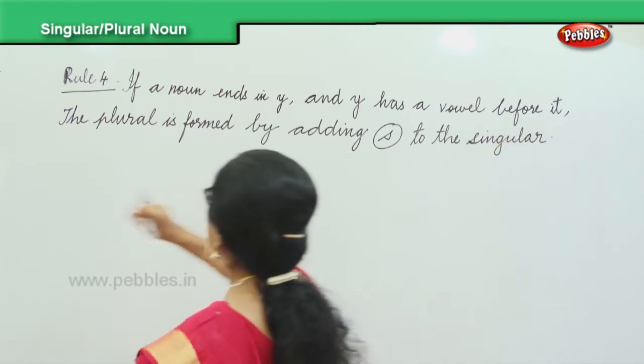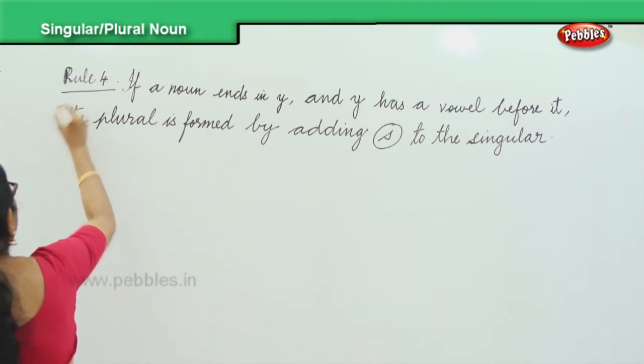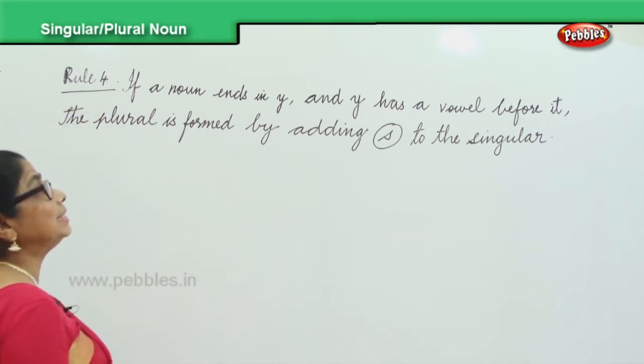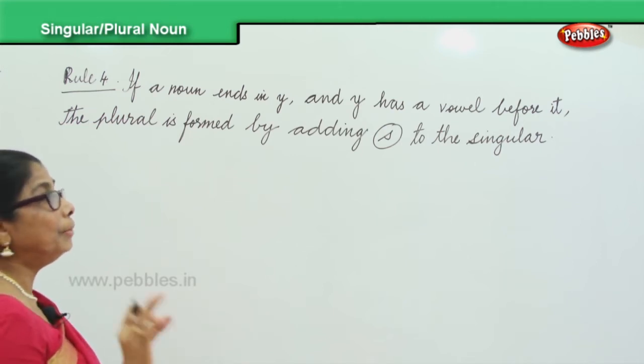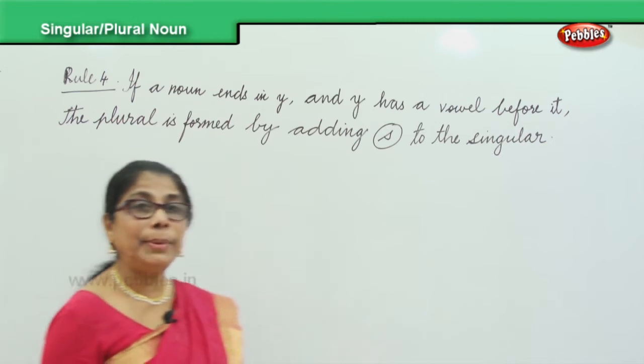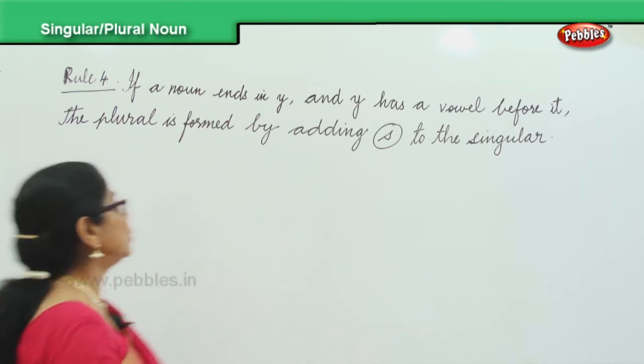It's very simple, and yet we think it is difficult. If a noun ends in Y and Y has a vowel before it, you simply add S to form plural form. Let's look at it.